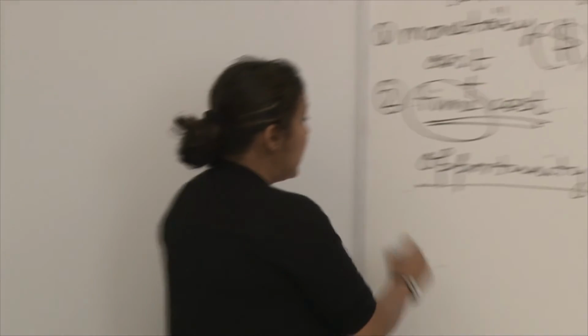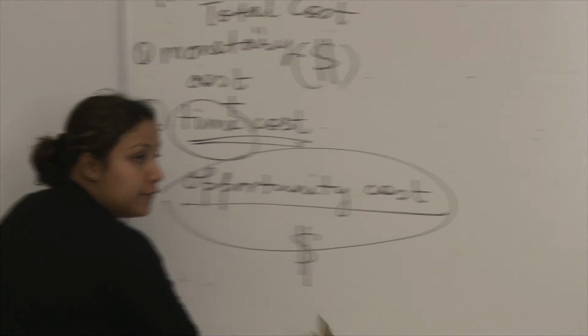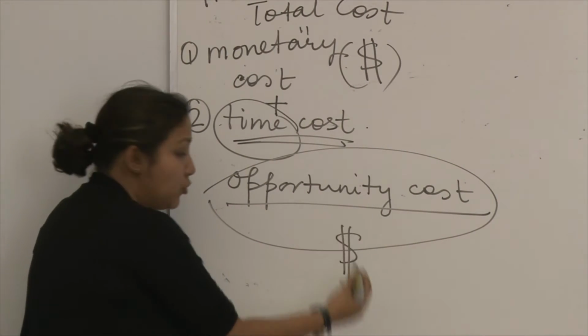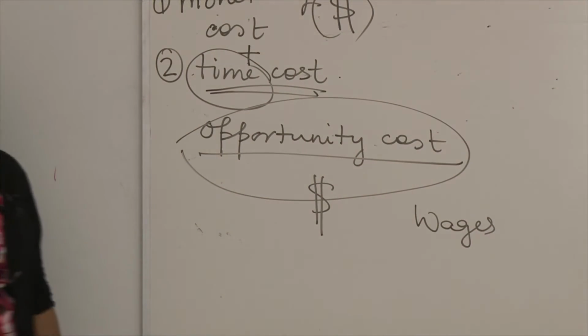And another way of trying to add a dollar value to it is by proxying it or estimating it by your wages, right? If you're an employed person, then this opportunity cost will get a dollar value if I evaluate the opportunity cost through your wages. Do you agree?